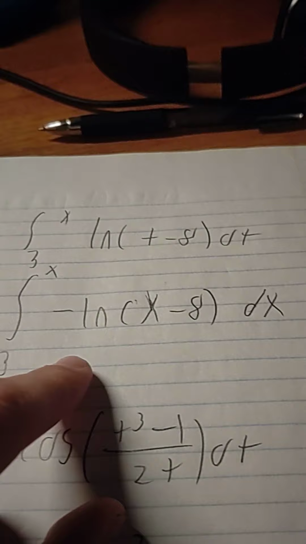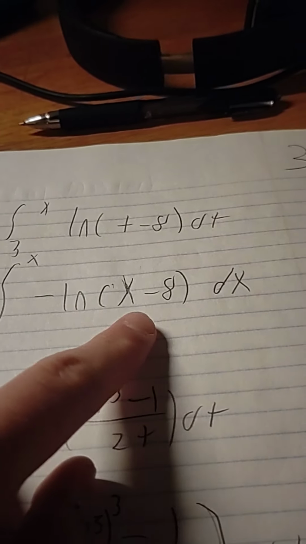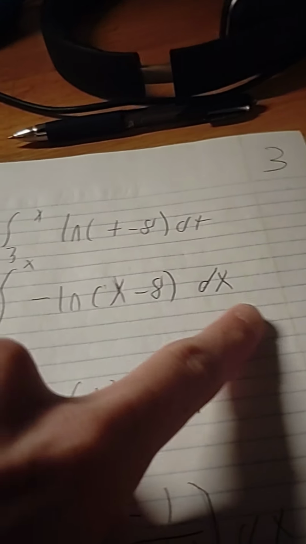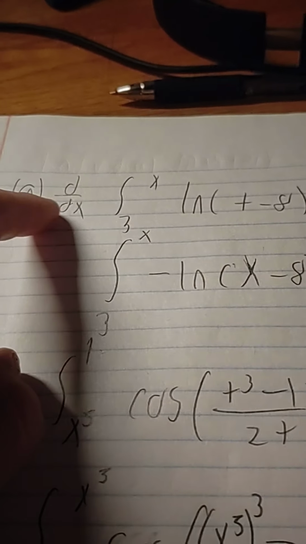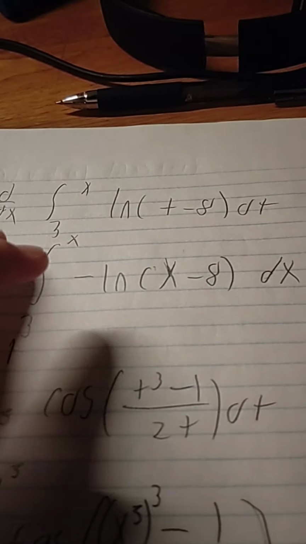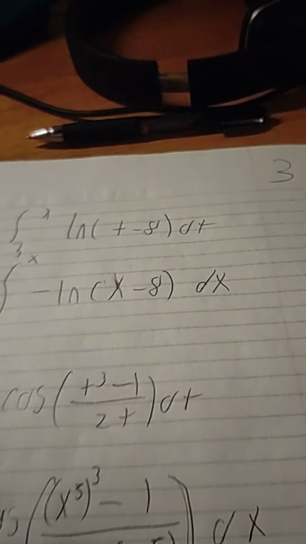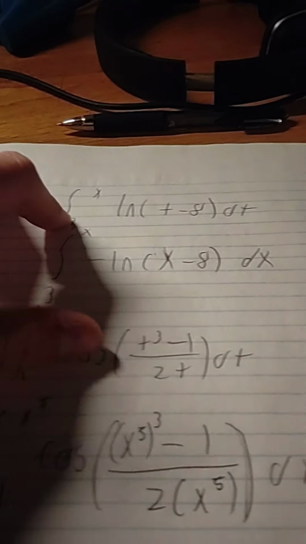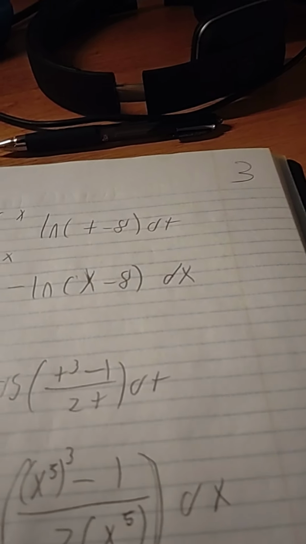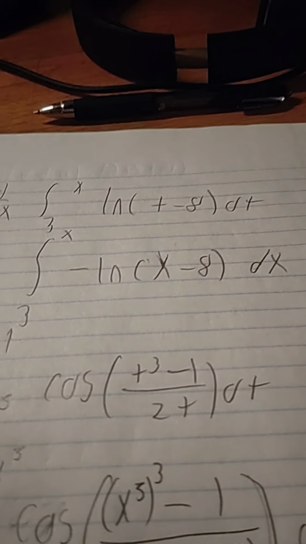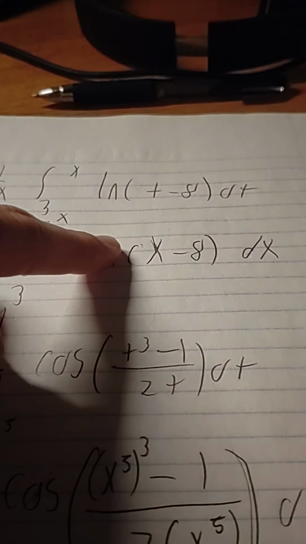So we just put negative ln of x minus 8 and then dx, because we're taking the derivative with respect to x. So it's 3 to x, negative ln of x minus 8 dx.